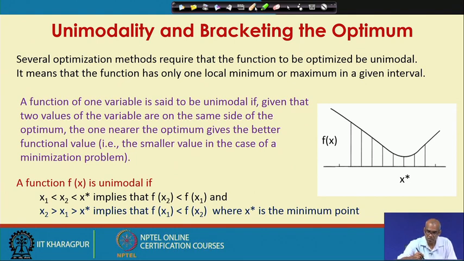So, what it means is, if I consider this as x1, this as x2 and this is the x star, here x1 is less than x2 which is less than x star. So, note that the value of f(x2) is less than the value of f(x1).